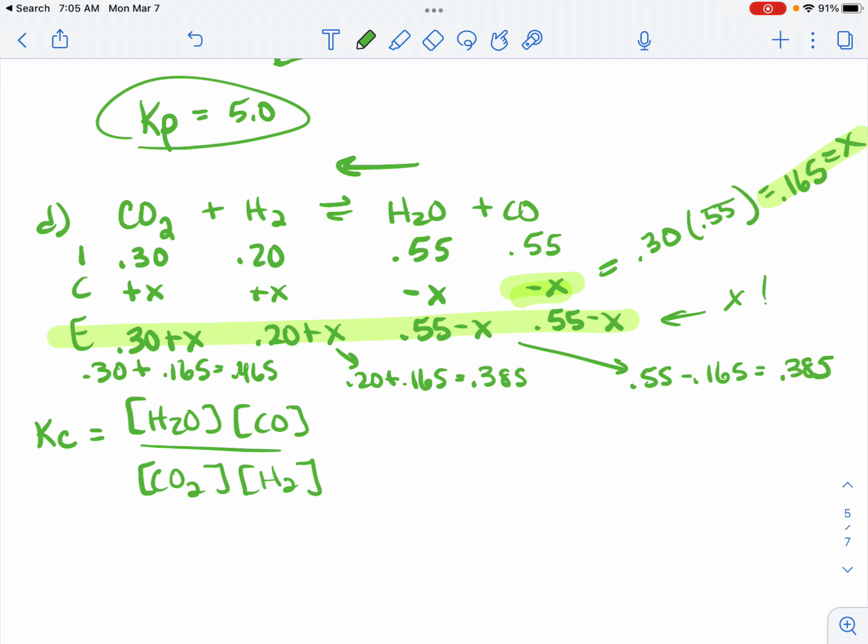Sorry, I was mistaken. This value here, 0.20 plus 0.165, is actually 0.365. Sorry, that was an error a second ago.